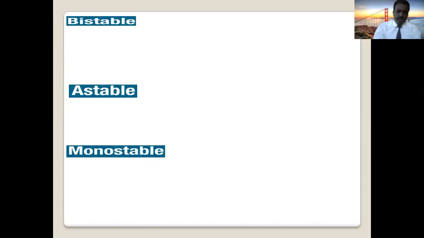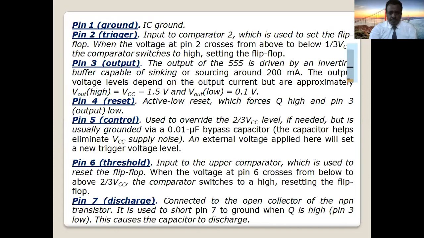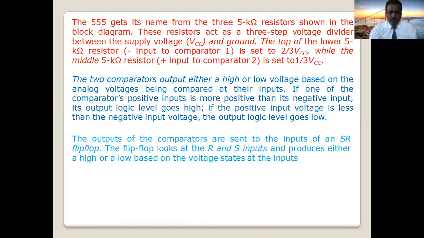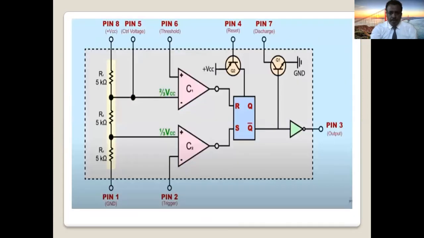We'll discuss these modes one by one, but before that, let's see what it means to be bistable, astable, and monostable. As you know, the output of a 555 timer, pin number 3, is our output, as you can see here on the slide.